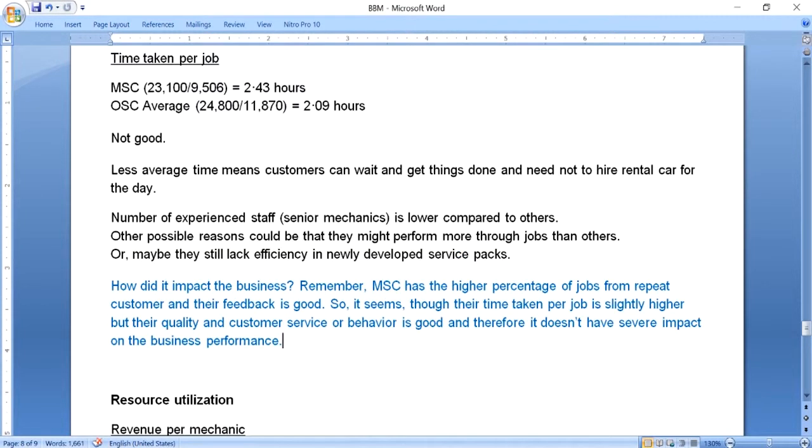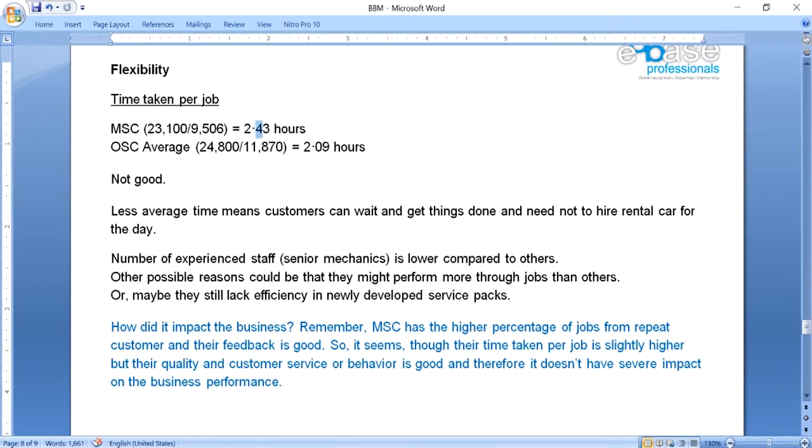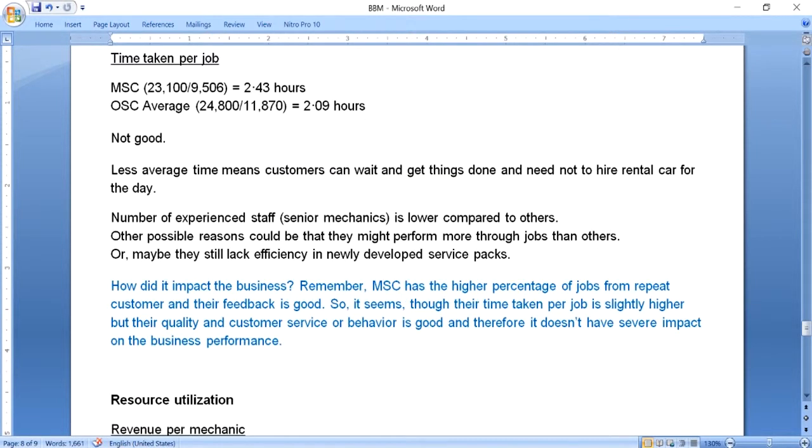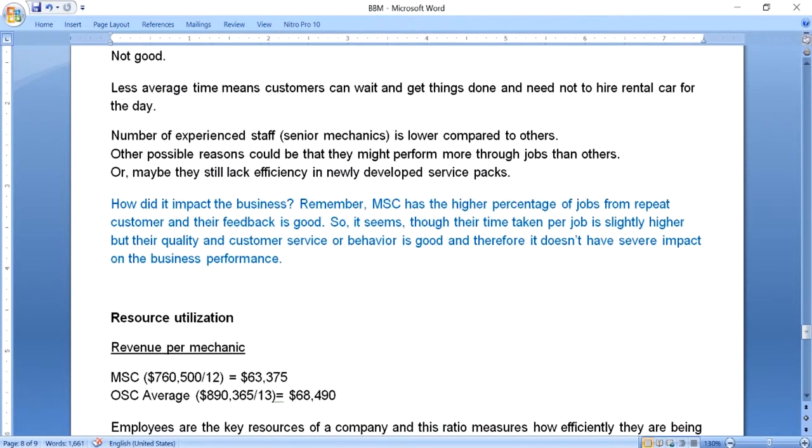So this is very bad, because 2.43 hours, that means as we promised, we couldn't finish it within 2 hours. On average, the other centers are taking 2.09 hours. So there is still room for improvement. But at the same time, maybe our quality is very good, maybe our behavior is good. So that is why maybe customers are not that much bothered.